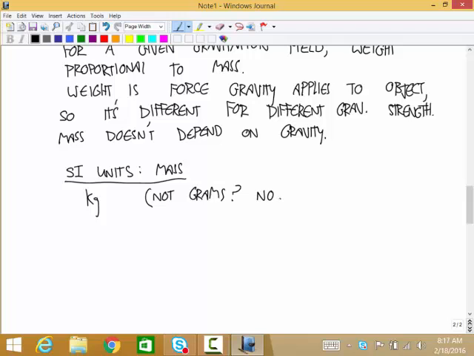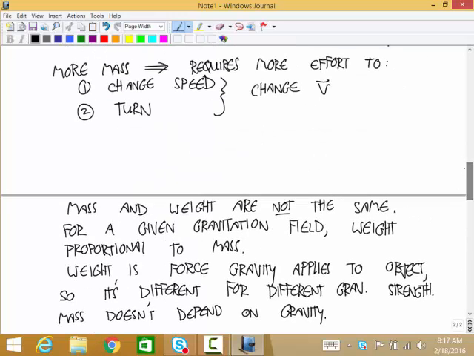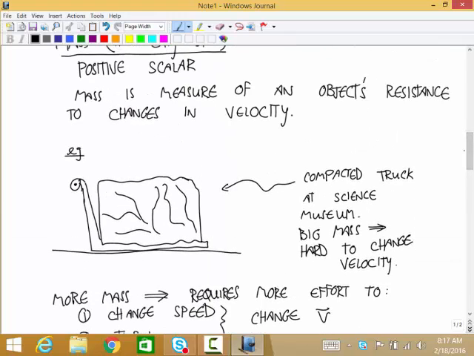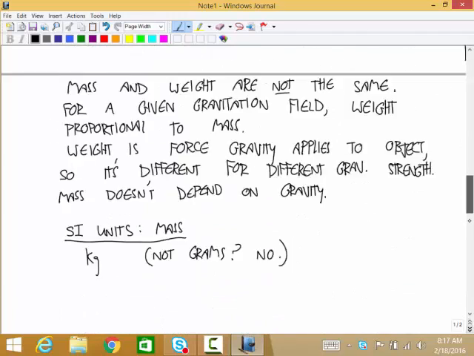But no, you don't use grams, so that's just how it is. That's pretty much all there is to mass. But now we have to talk about force, and that's a lot more complicated subject. So what did I say about mass? Mass was the easy one.